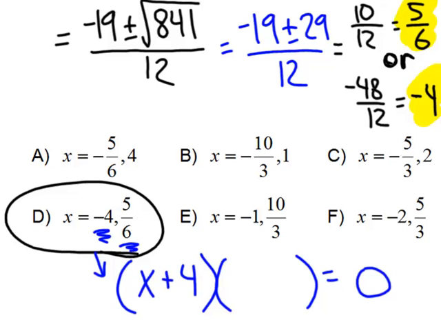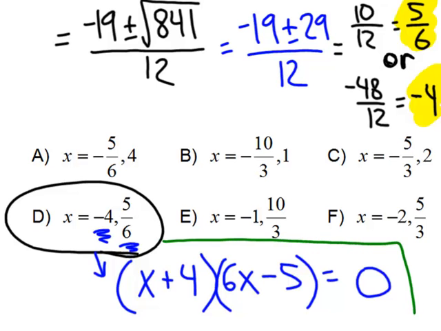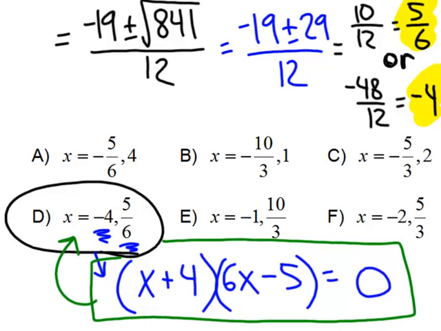And the 5/6 here, that suggests that a 6x minus 5 would have been our other factor. So again, if you could have recalled your quadratic factoring, I think factoring into this form would have been a little bit quicker, more efficient way to lead you to solution D. Okay, let's get on to our next question.